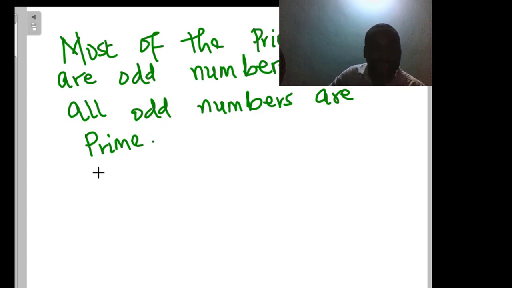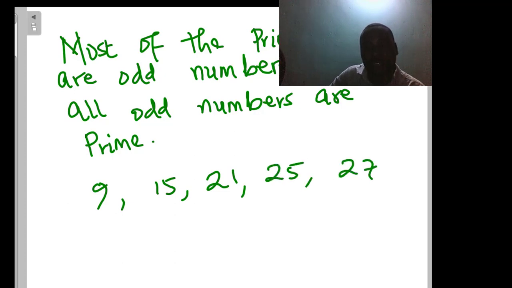For example, see what I mean. 9 is an odd number. 15 is an odd number. 21 is an odd number. 25 is an odd number. 27 is an odd number. But all these numbers are not prime numbers.